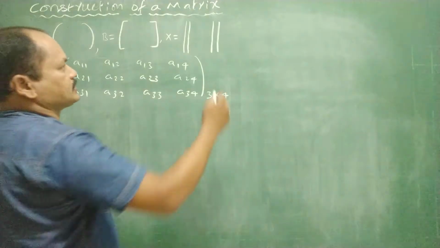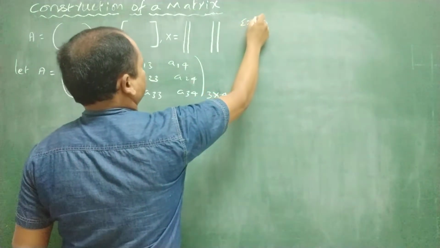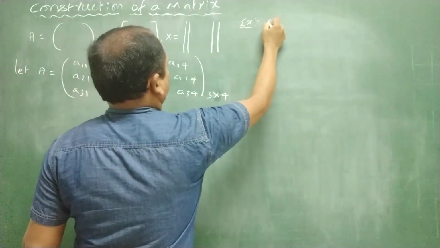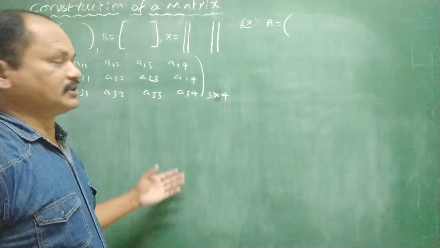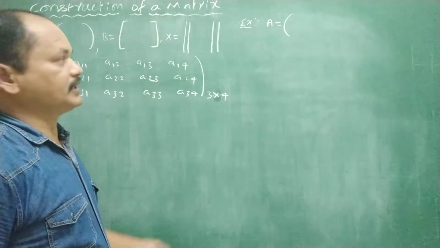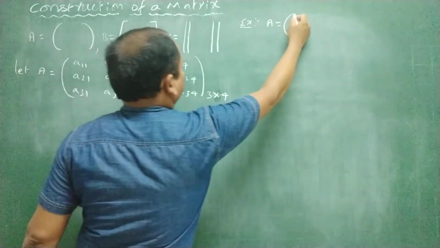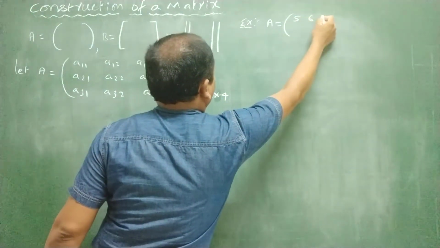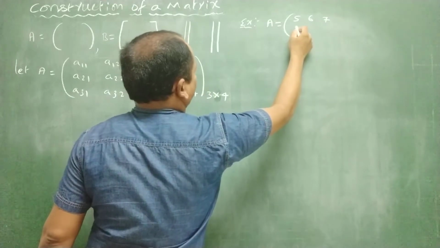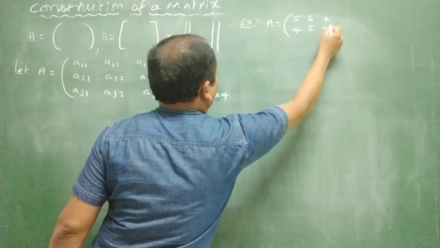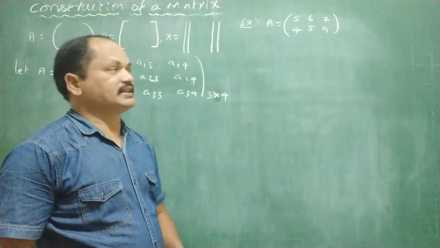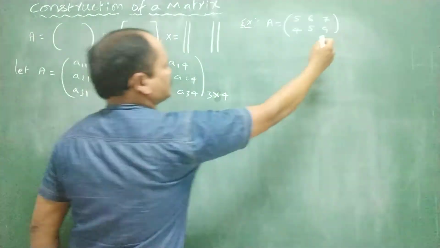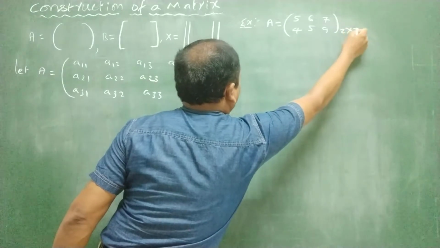Now examples. Suppose we write capital A. This is the matrix: 5, 6, 7, 4, 5, 9. This matrix contains 2 rows and 3 columns, so it represents a 2 by 3 matrix.